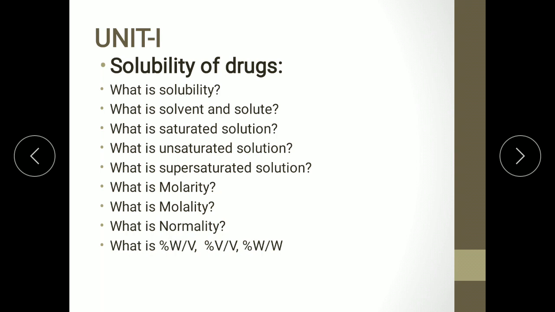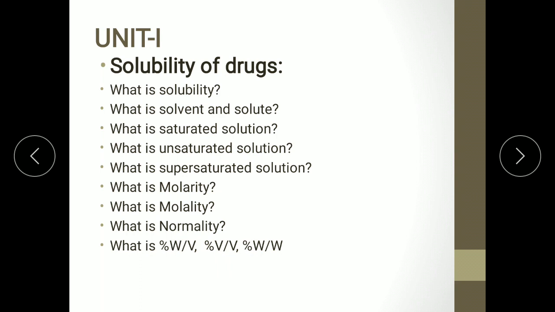Next is what is percentage weight by volume, percentage volume by volume, percentage weight by weight. All these things you have studied in first sem pharmaceutics. Percentage weight by volume means it is expressed as gram of solute in 100 ml of solution.